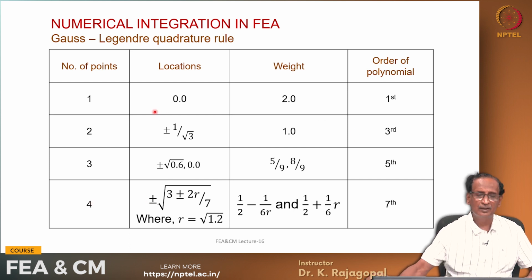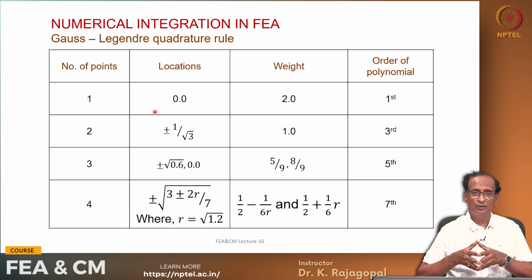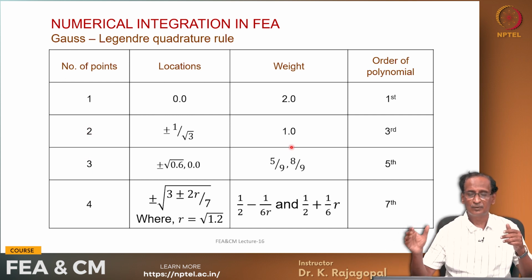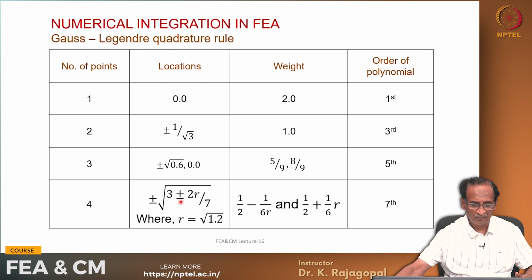And the main advantage is we know exactly up to what order of polynomial they can exactly integrate. So, if you have 1-point integration, we can exactly integrate up to first order. 2 points means 2 times 2, that is 4 minus 1, a third order polynomial. Similarly, 4 points means 7th order polynomial.